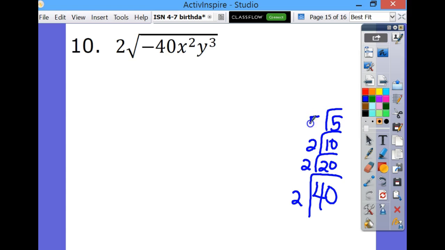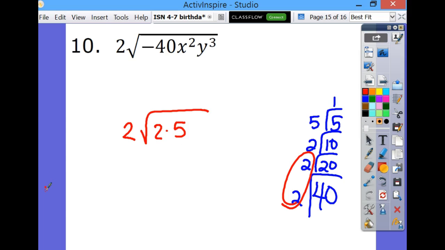The only thing that divides 5 is 5. We do the prime factoring to find the pairs. So, the 40, not the negative sign, we haven't done the negative sign yet. The 40 becomes a pair of 2s, and I have a 2 left over and a 5 left over.